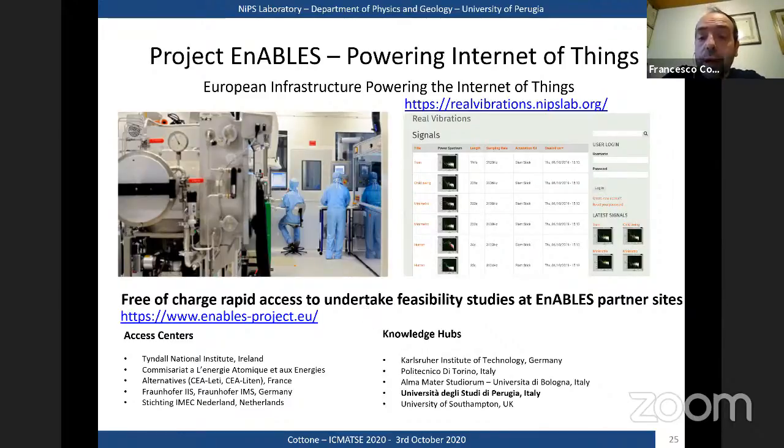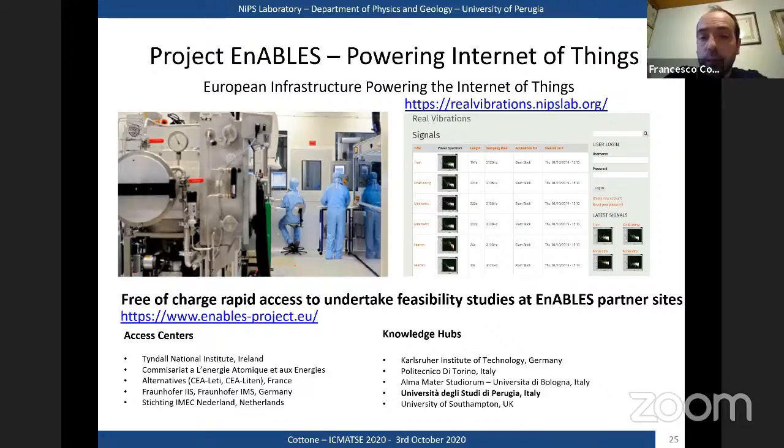So you can provide a small proposal to make, for example, a feasibility study or something that you need, for example, about the design of an energy harvester. And the consortium has the money to pay you to stay, for example, 2-3 days, 1 week to do your research.